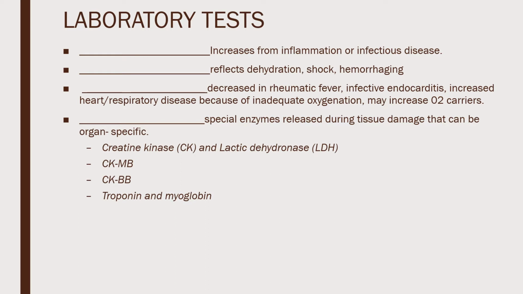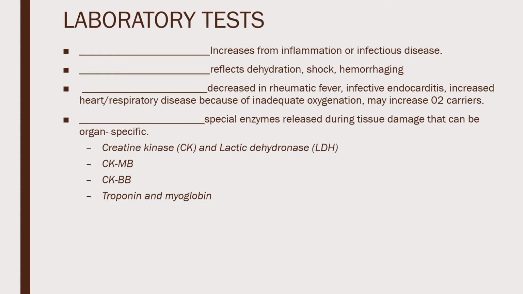We're looking at the level of our red blood cell count, decreased in rheumatic fever, infective endocarditis. It increases with heart and respiratory diseases because of the inadequate oxygenation, which may increase O2 carriers.